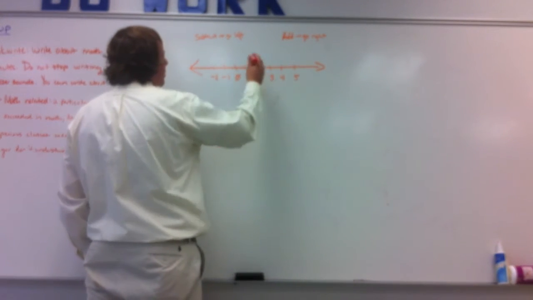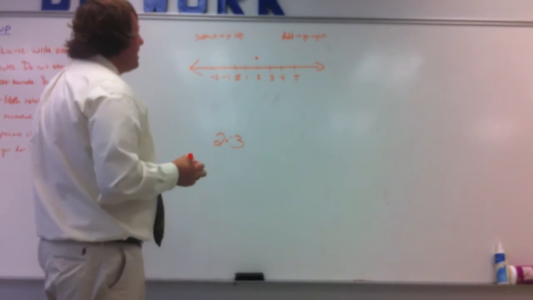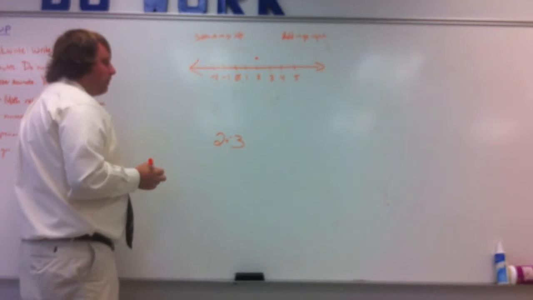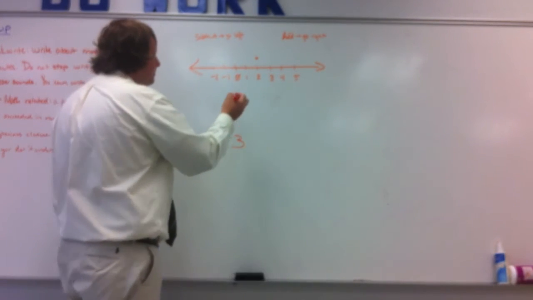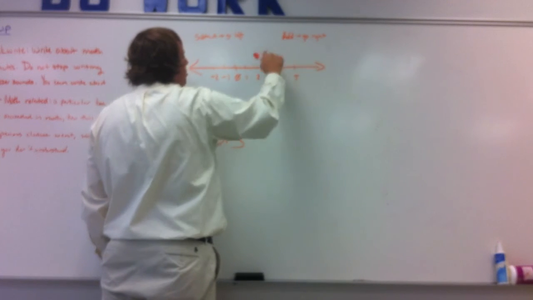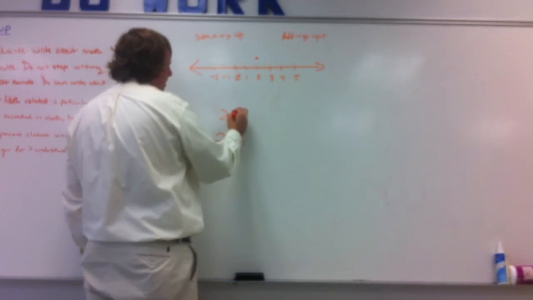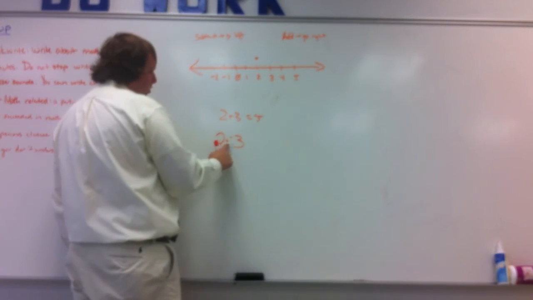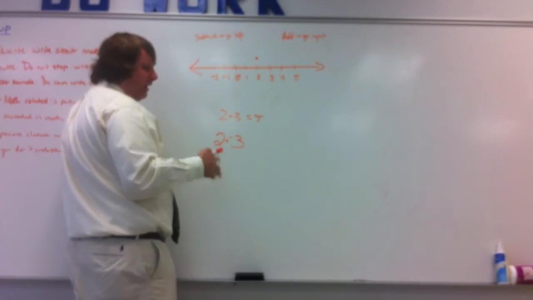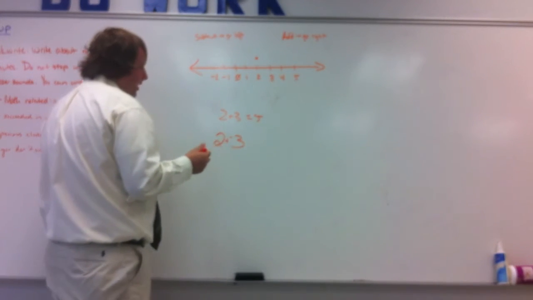We start at 2, and we're going to add a negative 3. So usually when we say add, we say go right. So go right 3. 1, 2, 3. But 2 plus 3 equals 5. So 2 plus a negative 3, there's no way that can equal 5. That doesn't make sense. So here's a handy-dandy little trick.